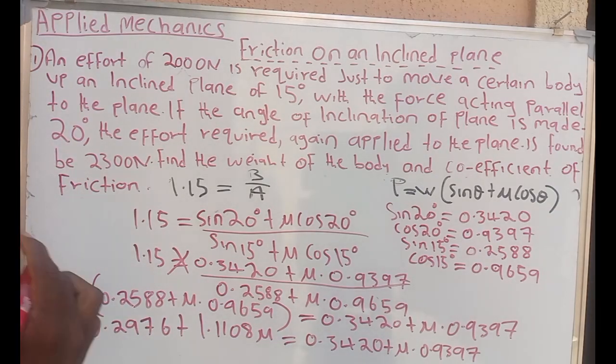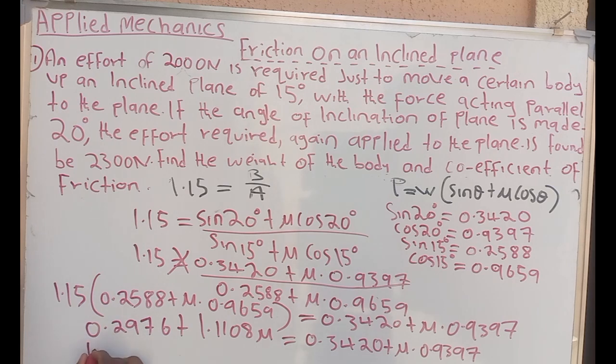The first thing to do is to move the 0.9397 mu across the equal sign from the 1.1108 mu, and it will become negative: minus 0.9397 mu.